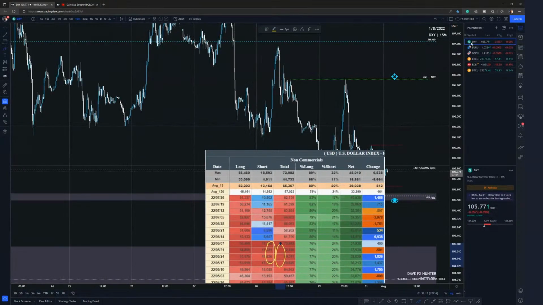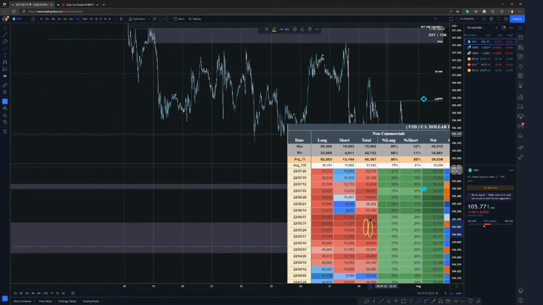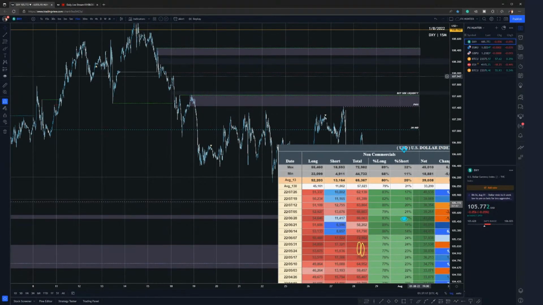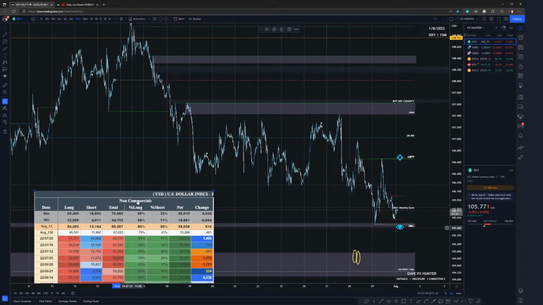If we look at it this way, we can see that for the last 3 weeks we have this slight, I don't want to say reversal, but just a pullback where the price was going down. In these 3 weeks they slightly reduced their longs, but they have also reduced their shorts. So we can see that the exposure to the long side is still 83% against 17%, which is still quite heavy bullish.